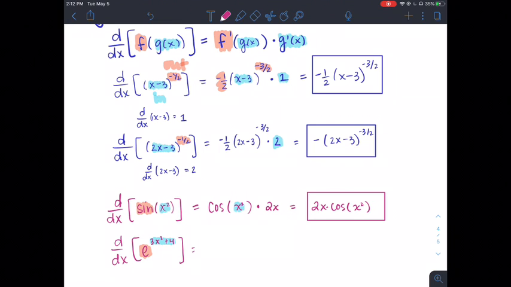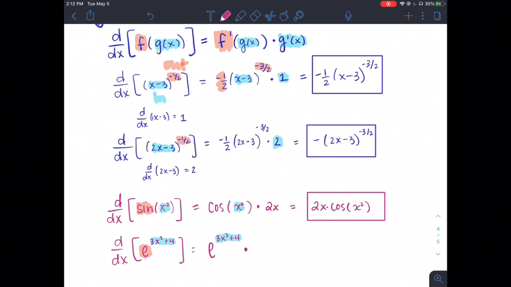So I'm going to start by taking the derivative of my outside. The derivative of the exponential is just the exponential, so it's still going to be e to some power. And again, we don't change the inside function when we take the derivative of the outside. So it's still going to be e to the 3x squared plus 4.